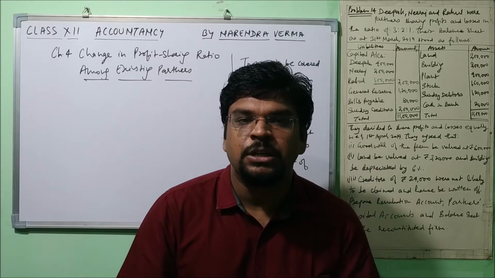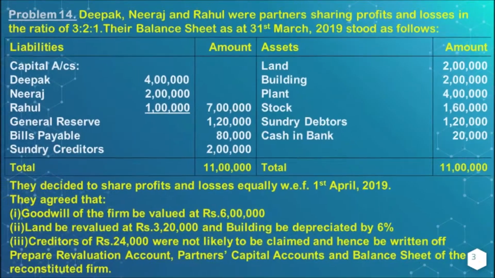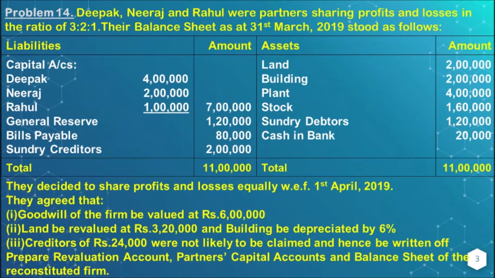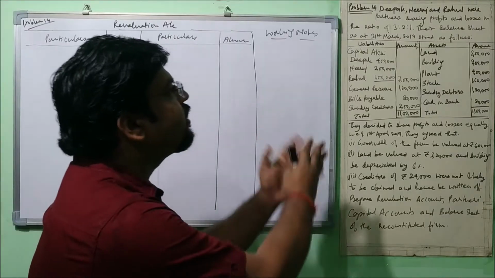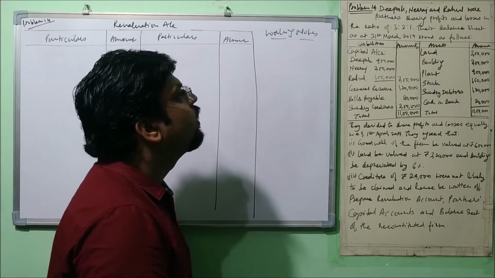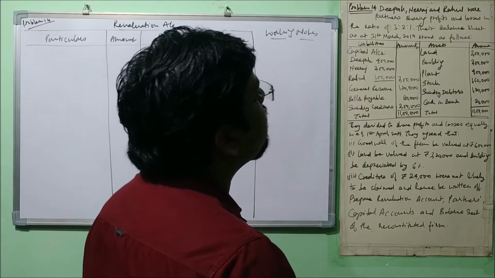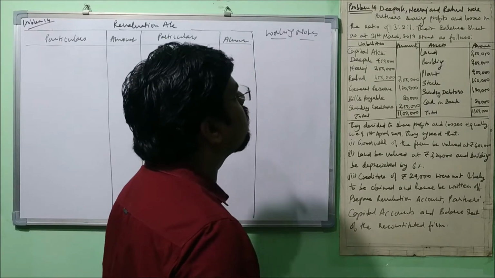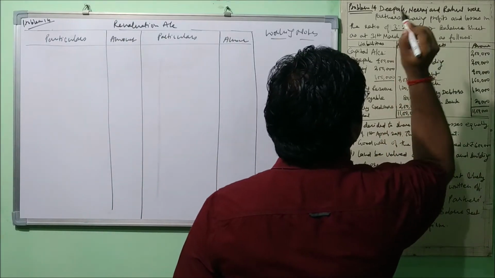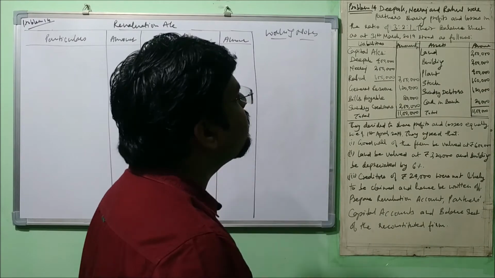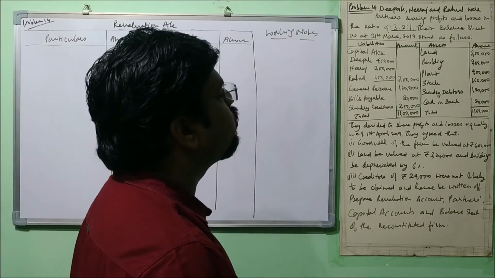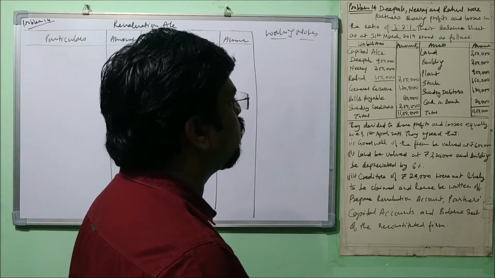So the question you may see on your screen. I have written the question here. Let's read it out. Deepak, Neeraj and Rahul were partners sharing profits and losses in the ratio of 3:2:1. The balance sheet as at 31st March 2019 stood as follows.